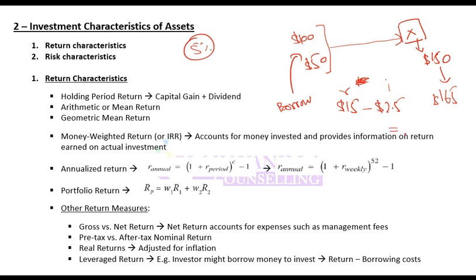Eventually you get $12.5. Your investment was $100 and you made $12.5 on this $100, so your return is 12.5%. This is known as leveraged return, when you borrow money, and it is net of interest cost. Any questions so far or any confusions?